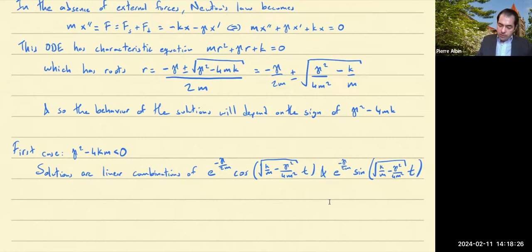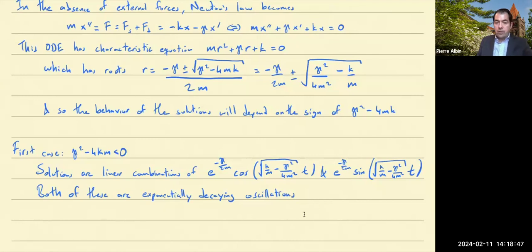Okay, so both of these are exponentially decaying oscillations, right? That's because we're considering gamma to be a positive constant. And so this exponential term, oh, for which I left out the t, sorry. This exponential term is going to decay as t increases.